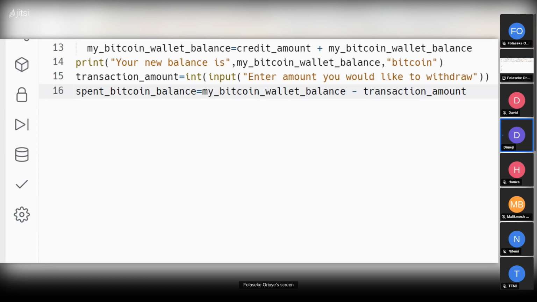Can you do that, Folashike? Change the spent Bitcoin balance to my Bitcoin wallet balance. Do you understand what I just said? Yes, I get it now. My Bitcoin wallet balance.